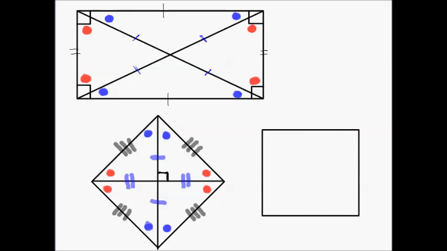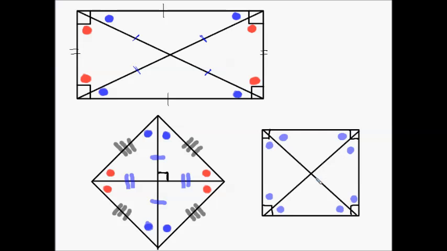Okay. Then finally we get a square, which has the properties of both. So you get a whole bunch of stuff that matches in a square. All 8 angles are the same, so they're all 45 degrees.